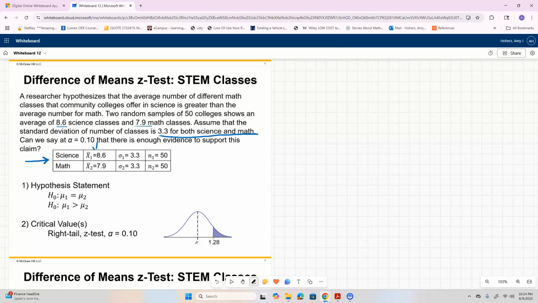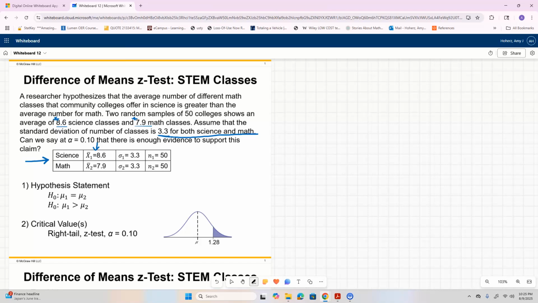So most of this information is already filled out in the table. You'll notice here it says that X bar 1 is 8.6 and X bar 2 is 7.9. So it is up here in the paragraph, 8.6 and 7.9, but it's also filled in the table, so it's a little easier to see. Same thing with the population standard deviation. It has sigma sub 1 and sigma sub 2.